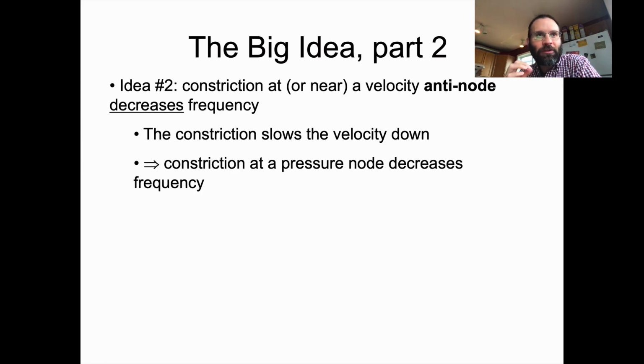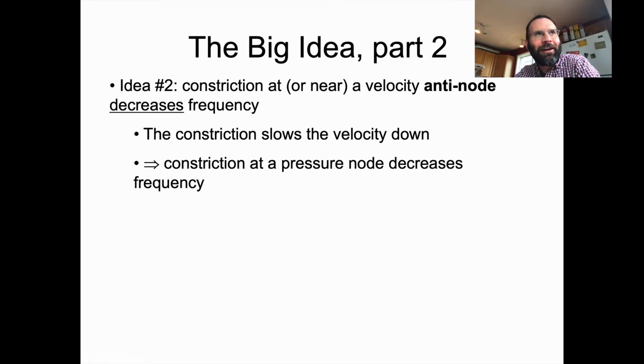Secondly, what happens when we perturb the tube or make constrictions at some point in our vocal tract? The idea Chiba and Kajiyama came up with is that if you have a constriction at or near a velocity antinode, that's going to decrease the frequency. It's a little bit hard to intuitively understand these ideas, but I'll take a shot at explaining it. With velocity antinodes, you're flipping back and forth between high and low velocity, or velocity heading in different directions.